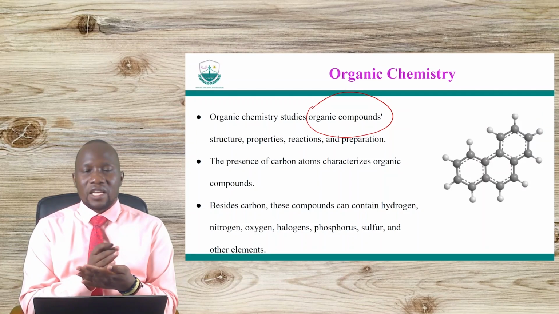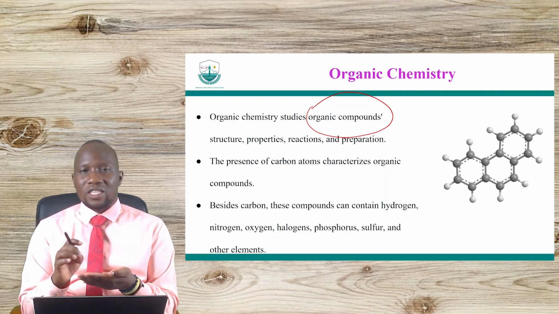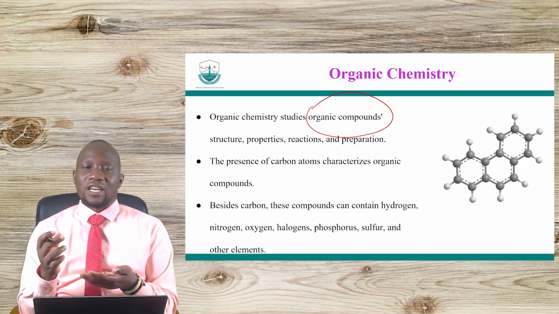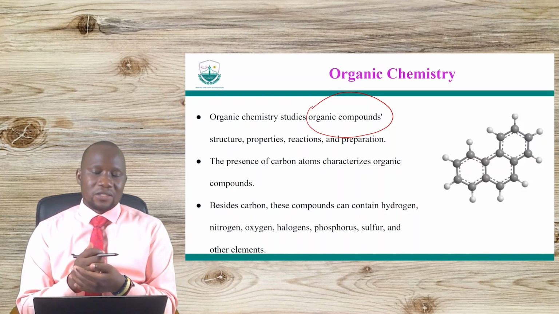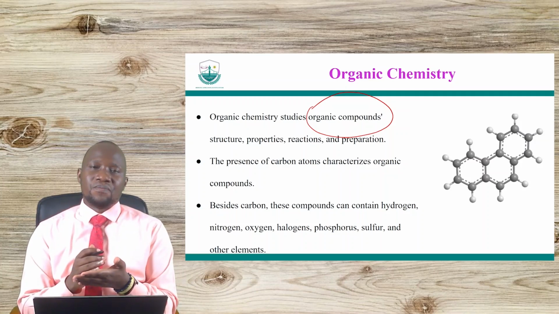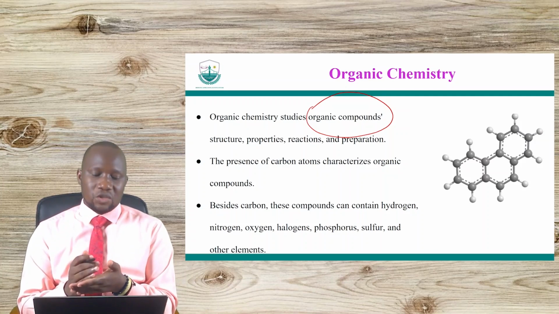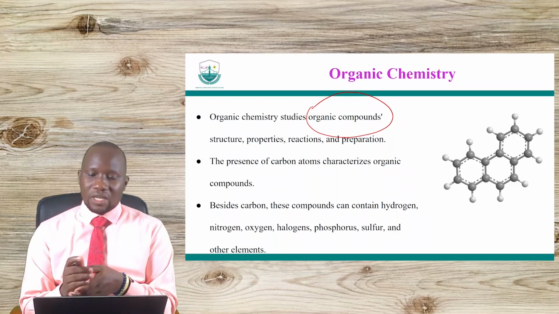So the chains of hydrogen and carbon can also have other elements attached to them, and that's why we have mentioned phosphorus, sulfur, nitrogen, then oxygen, and other elements, as we shall see.